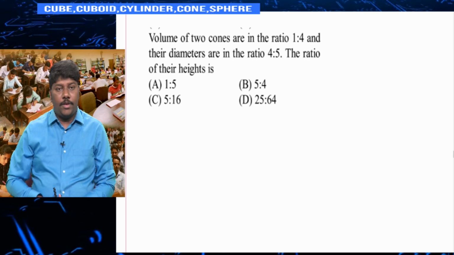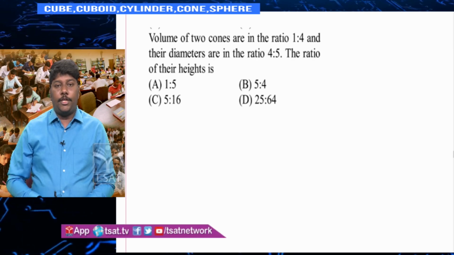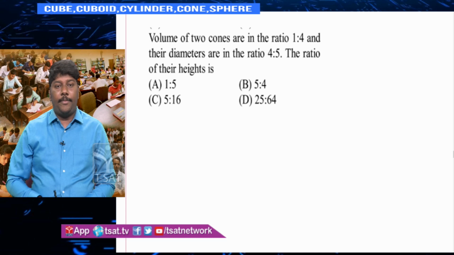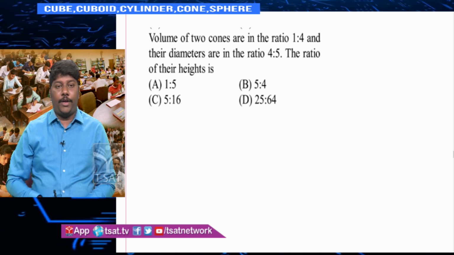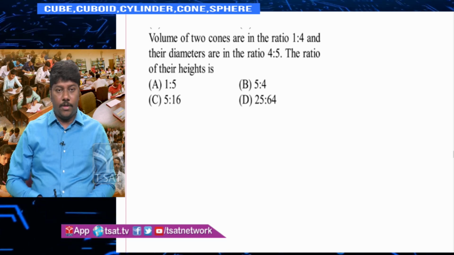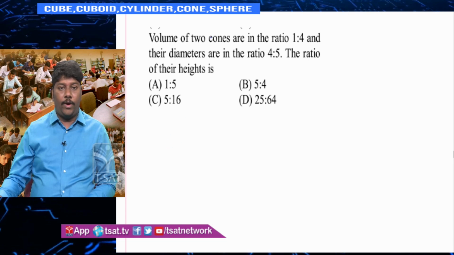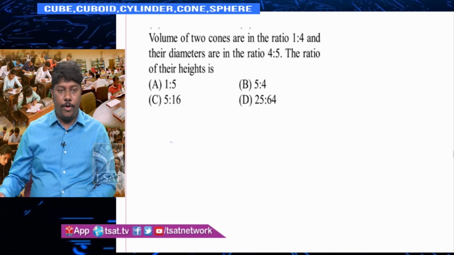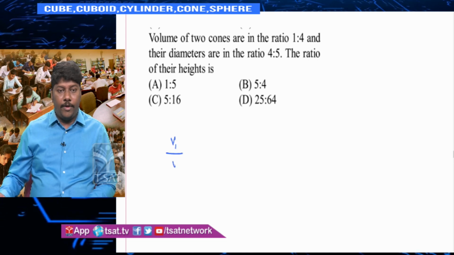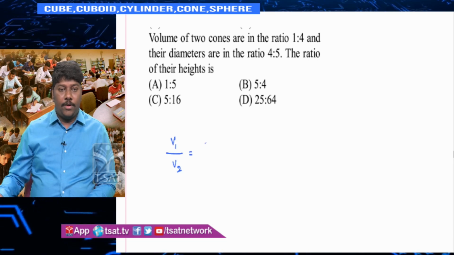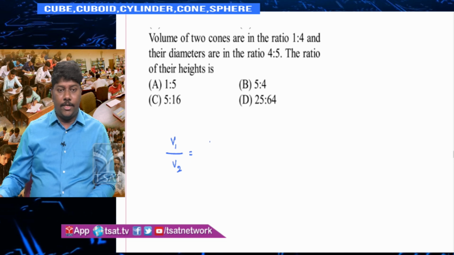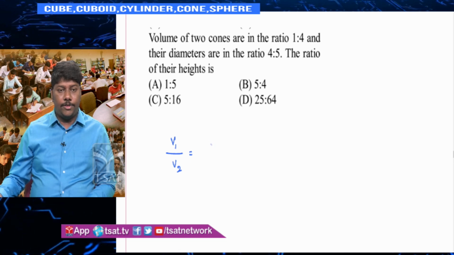Look at the next one. Volumes of two cones are in the ratio 1:4 and their diameters are in the ratio 4:5. The ratio of their heights? He is asking you about two cones. Let it be R for cone 1 and cone 2. Volume 1 by volume 2 is equal to, let us take out all the constant terms, because pi by 3, there is no use of taking it.